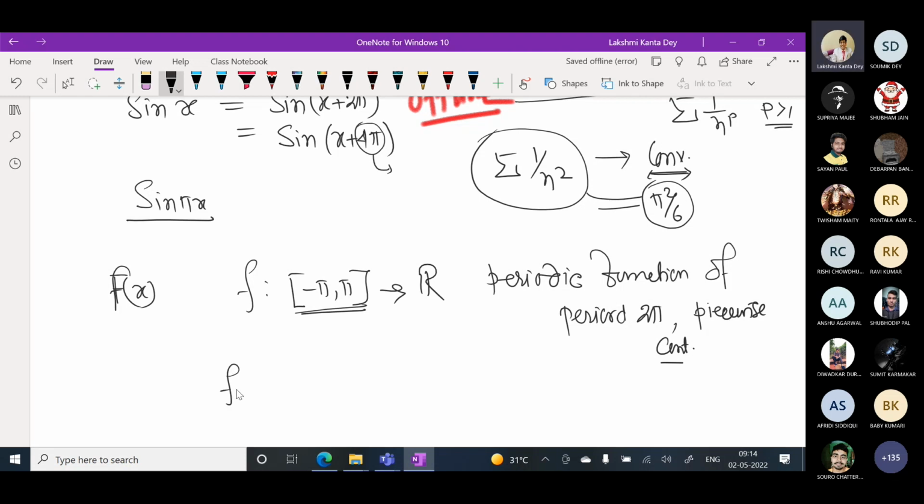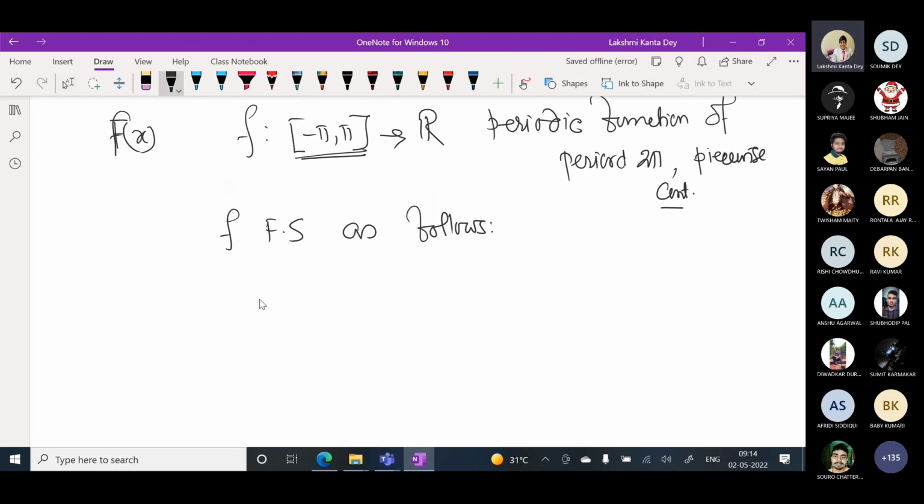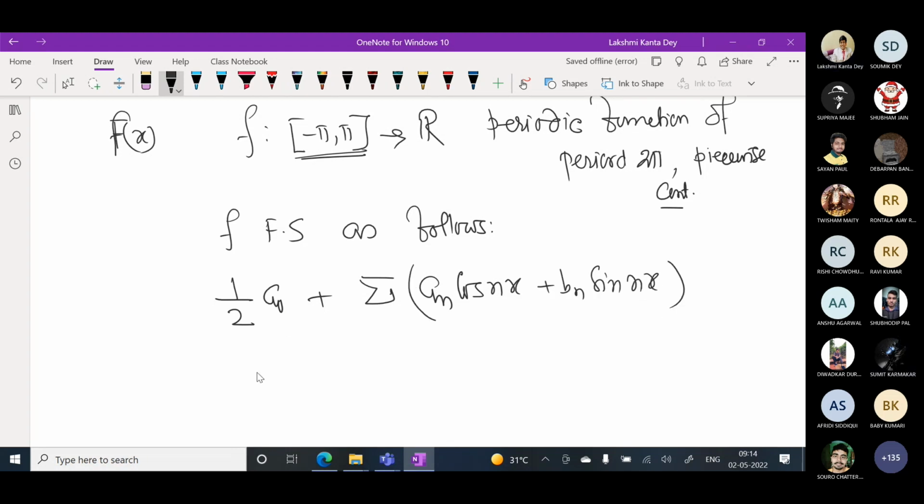Then it has the Fourier series. f has a Fourier series Fs as follows. Please write Fs, Fourier series. What is that? Half a naught plus summation of an cos nx plus bn sin nx. How can a naught be found?